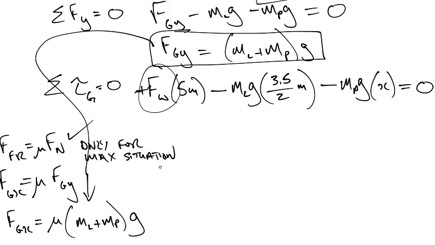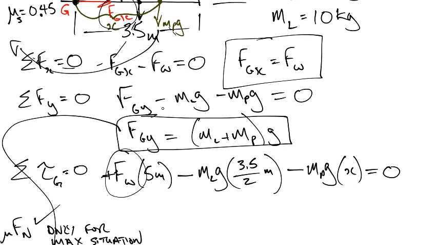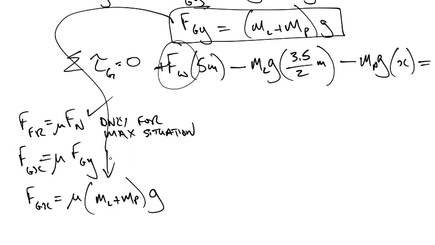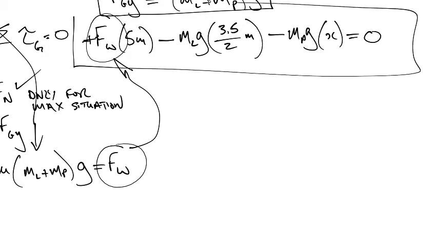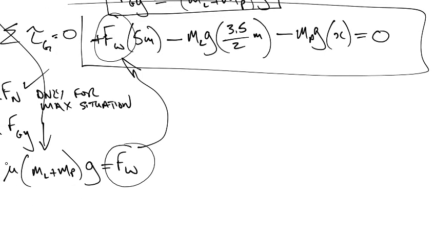But if you'll notice, I also know that Fgx is equal to Fw. So therefore, this is going to equal Fw. Well, guess what? I now can substitute this equation into there for Fw. So let's rewrite this equation again. But this time, let's replace Fw with this.